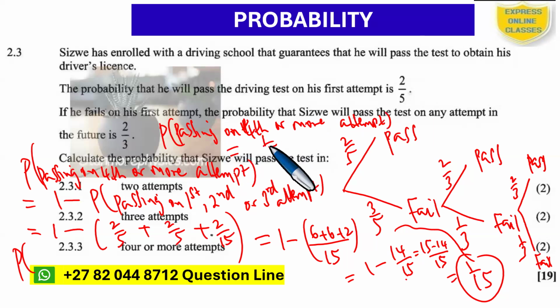We said it's 1 out of 15, that is what we've got, but it is 0.07. Any question?